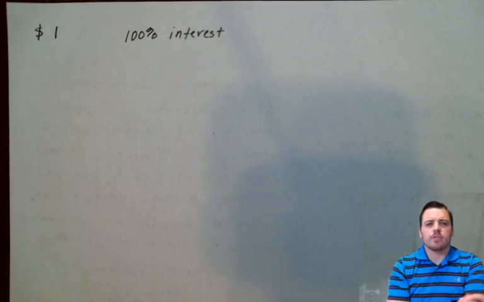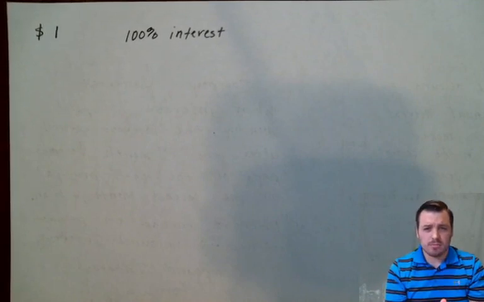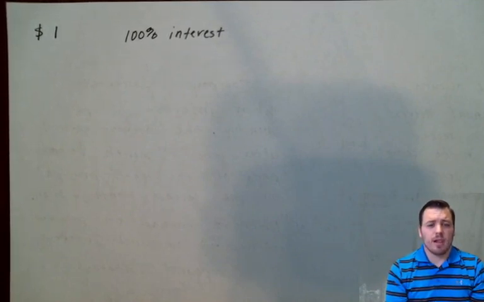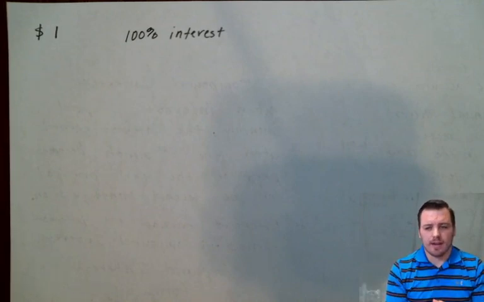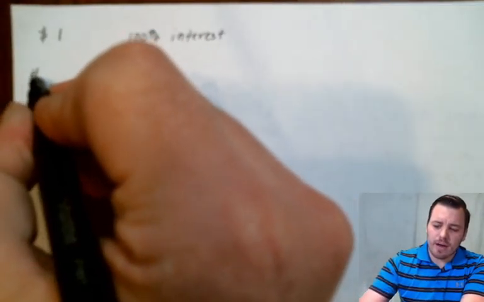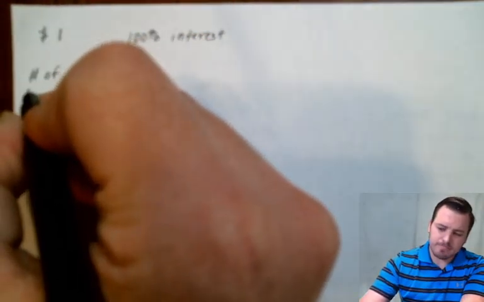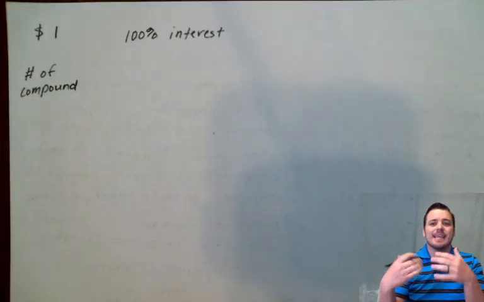All right? So, not giving you a timeline, let's just say I have $1, and I collect 100% interest on that dollar. Okay? So let's talk here about number of compounds. Meaning, how many times do I collect the interest on it?